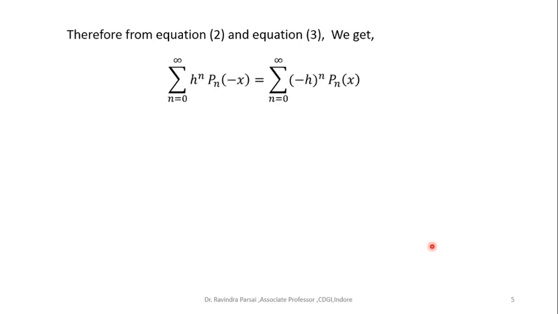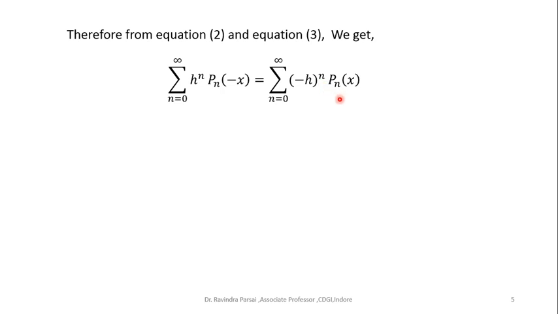Therefore from equations 2 and 3, on equating them, because both are the value of the same expression, sigma n equal to 0 to infinity h to the power n Pn of minus x equals sigma n equal to 0 to infinity minus h raised to n of Pn of x.